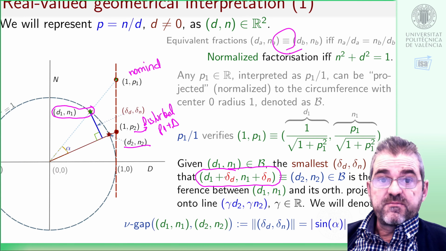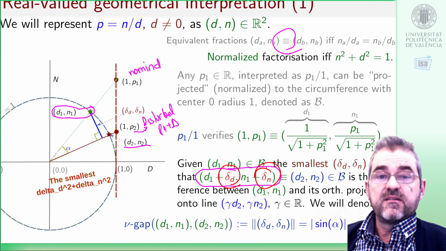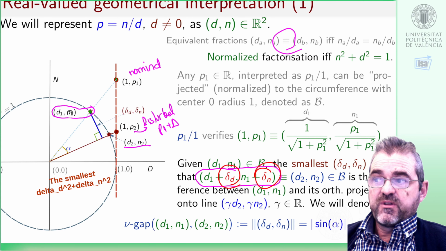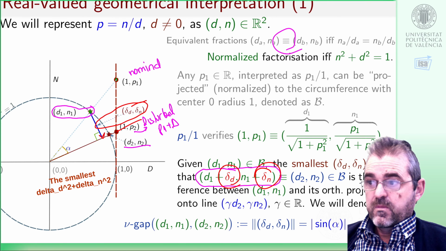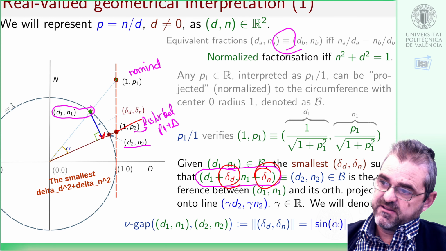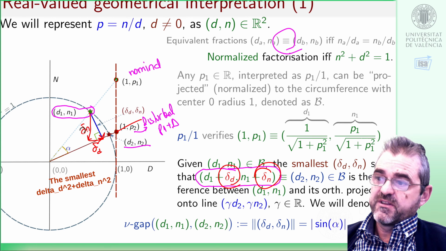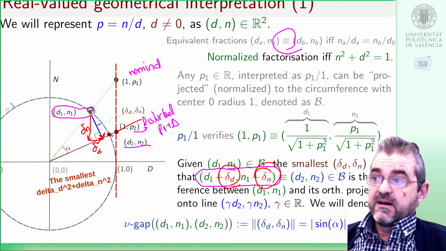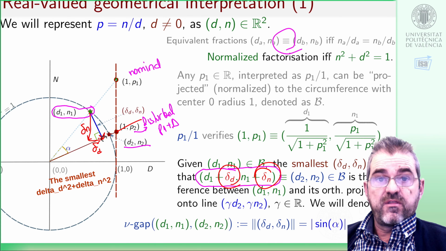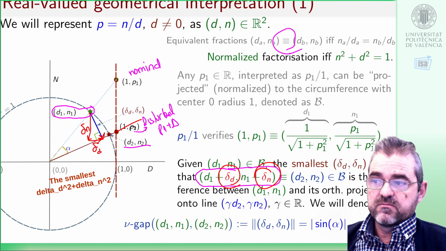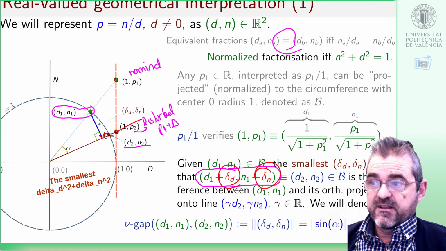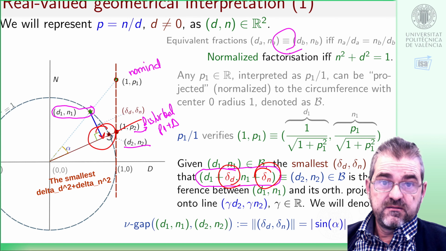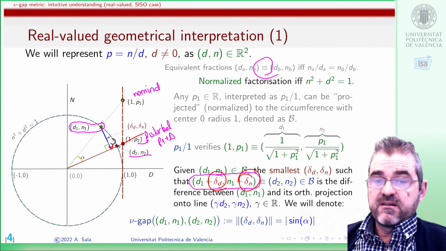So, which is the smallest delta d, delta n that can be added to d1 and n1 and get something in the bottom line? Well, this is it. If I add this vector, its components will be delta d, delta n, and I will land on the bottom line equivalent to P2. This increment is just the minimum distance between the green star and the red line. This is orthogonal, and so this is the main result.